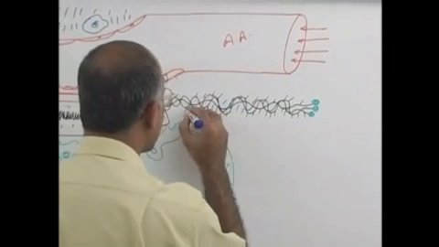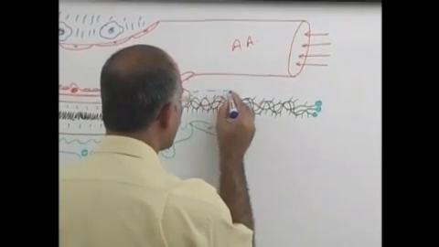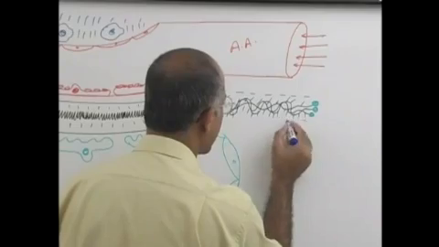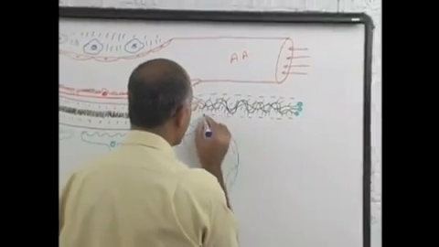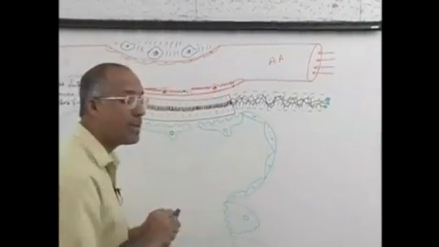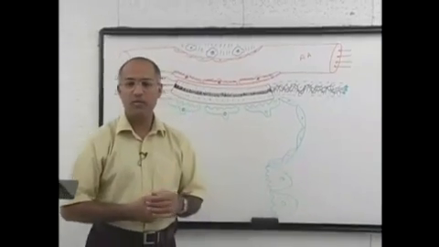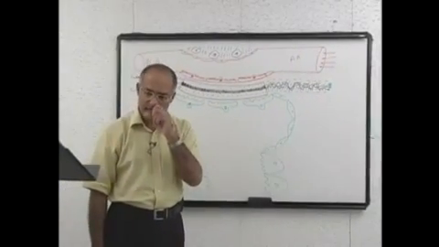What is the charge on them? They are electronegative. These molecules are negatively charged. Polyanionic means that proteoglycans have multiple negative charges.